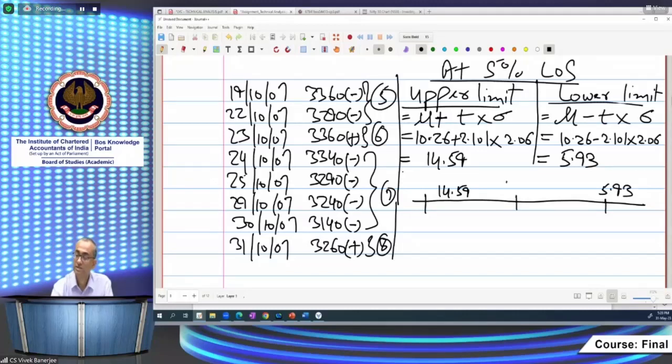The average is 10.26, and the number of runs is 8. So the number of runs, 8, should be between the upper limit, 14.59, and the lower limit, 5.93. Is this happening? Yes, 8 is between the upper limit and the lower limit. So the market is efficient.